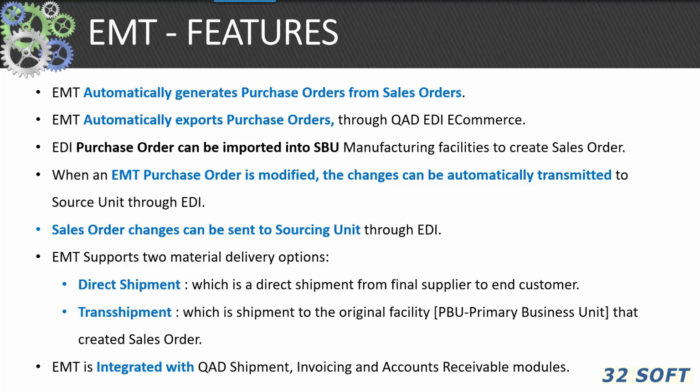Purchase orders can be imported then into what is referred to as an SBU, or a manufacturing facility, to create sales orders instead of emailing and all that to buyer and customer services. When an EMT purchase order is modified, the changes can automatically be transmitted back to the source unit, and EMT supports two types of delivery modes, what are called direct shipments and transshipments.